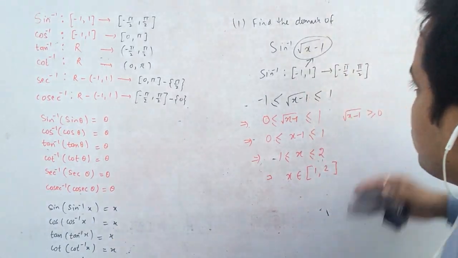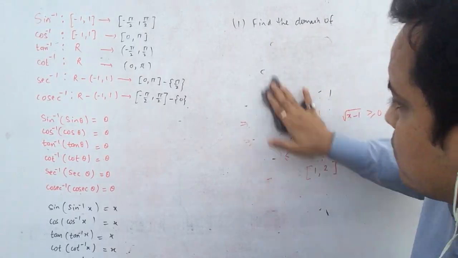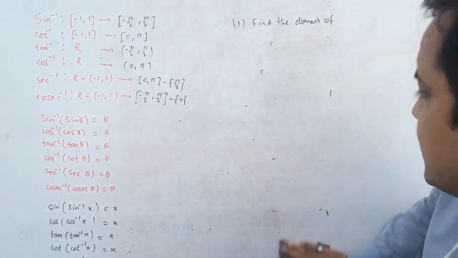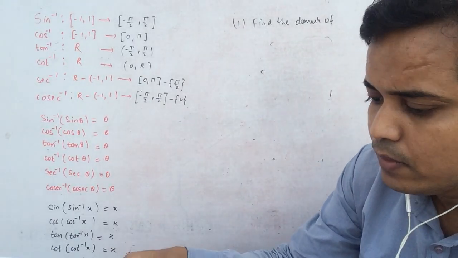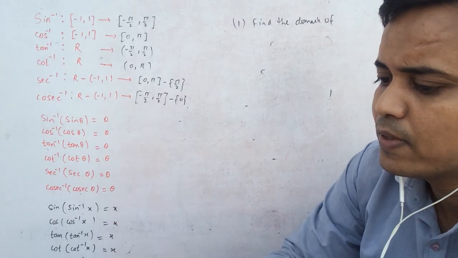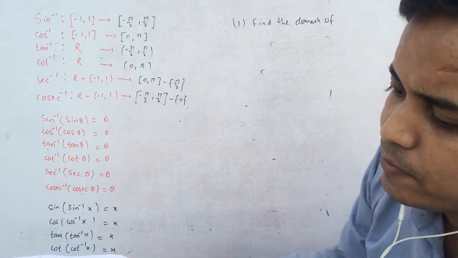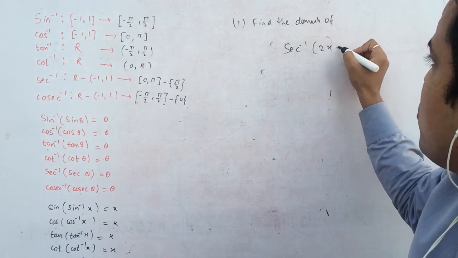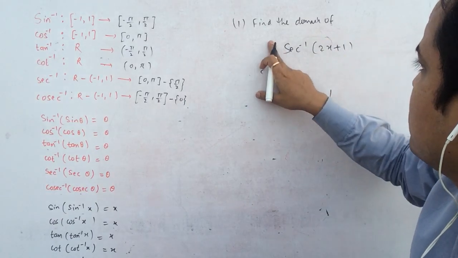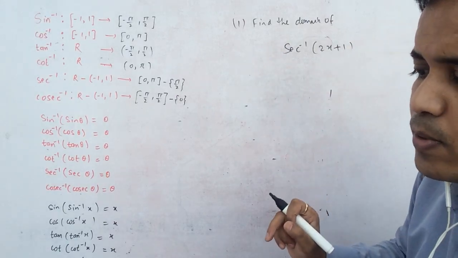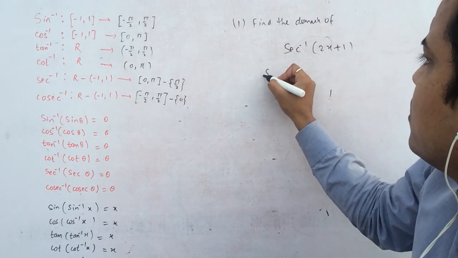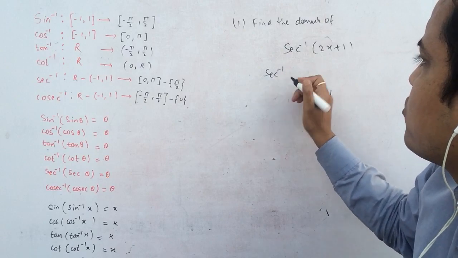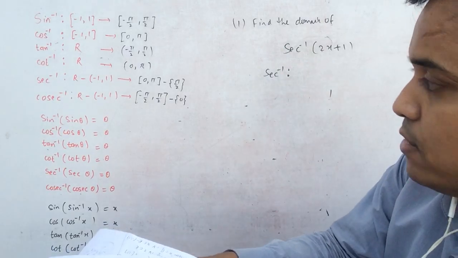Now let's move to the next question. We have many questions related to domain. Find the domain of sec inverse of 2x plus 1. Pause this video and solve this question. So, sec inverse of 2x plus 1. You need to again focus on the domain and the range.